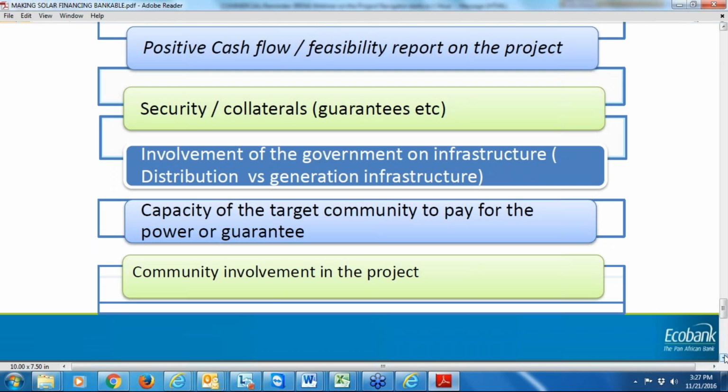But you could have a mix depending on what you're looking at. So these are the basic things that you require to make your project profitable and to make your project bankable to the bank. Thank you. I'm open for questions.